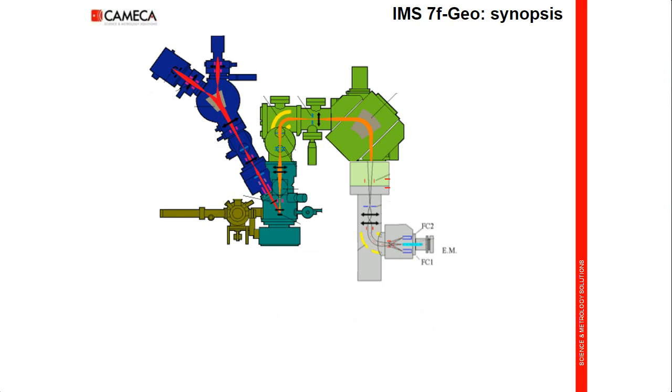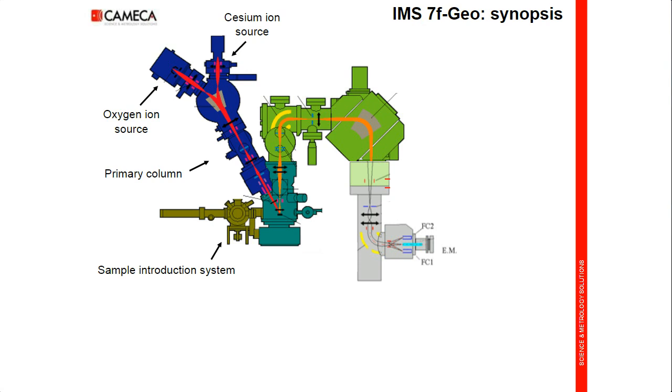We can see here the synopsis of the 7f-GEO. On the left, the primary column, equipped with 2 ion sources, oxygen and cesium, sample introduction system, the ultra-high vacuum analysis chamber, and the mass spectrometer based on the coupling of an electrostatic sector with a magnetic sector.